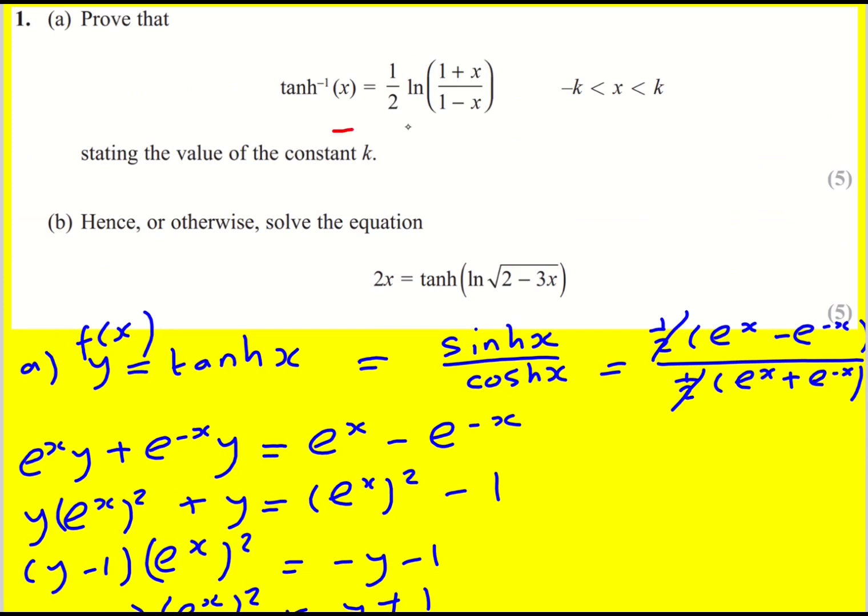For tan hyperbolic, the domain is actually all real numbers. So we just need the range because then the range becomes the domain of the inverse.